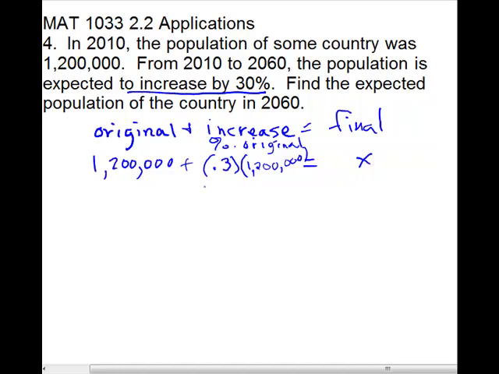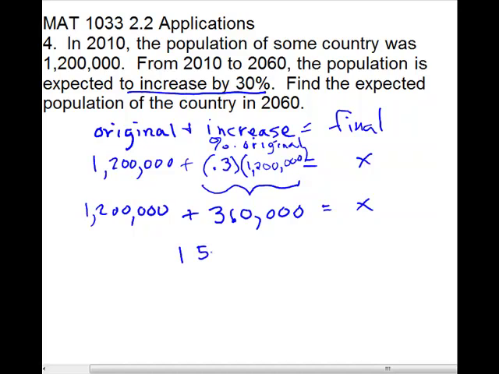So you need to do your multiplication before you try to add. Plug this into your handy dandy calculator, and you're going to get 360,000. And now add that to your original to give your final. So you get 1,560,000 is the expected population.